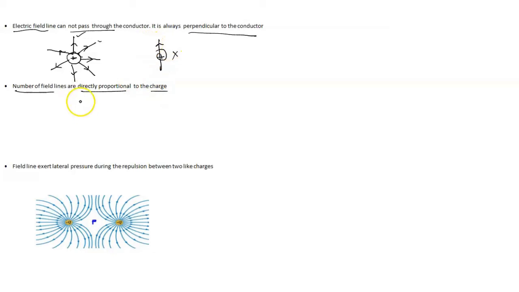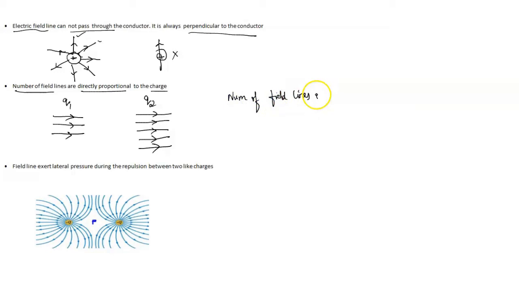If we consider charge Q1 with electric field lines like this, and another charge Q2 with electric field lines like this, then by looking at these two charges, the number of field lines of Q1 is less than the number of electric field lines of Q2.